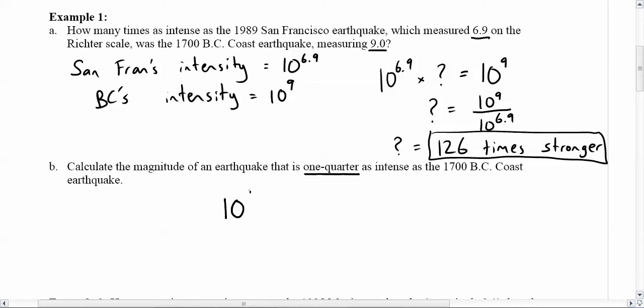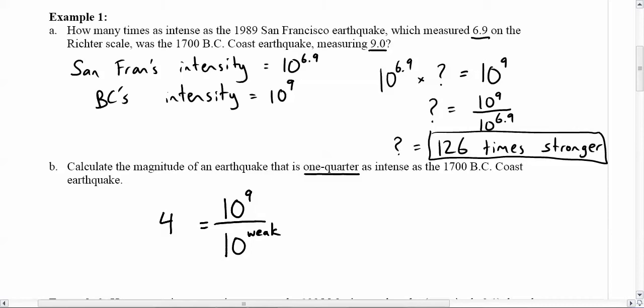The BC one divided by the weak earthquake would be 4. The BC earthquake would be 4 times stronger than the weak earthquake. Does that make sense? So the weaker earthquake is 1/4 as intense.